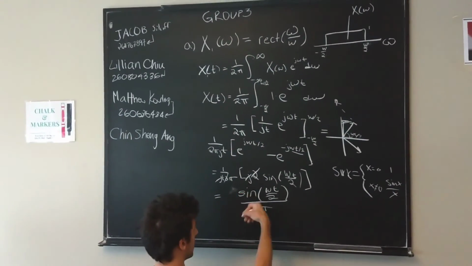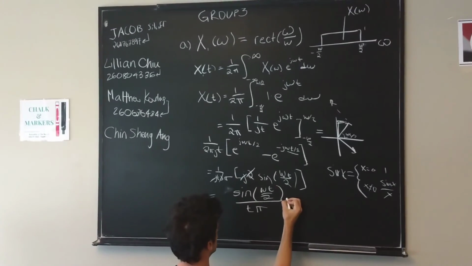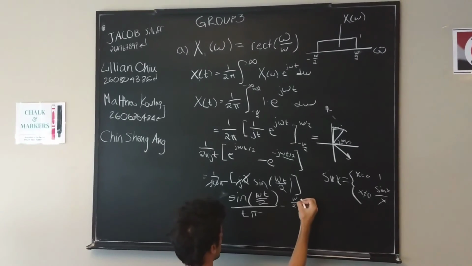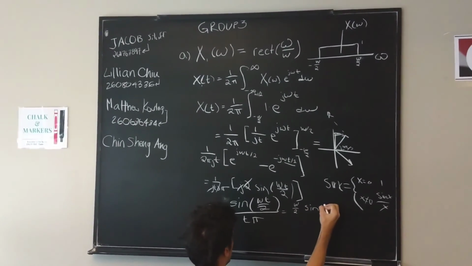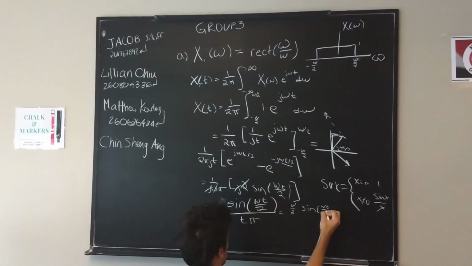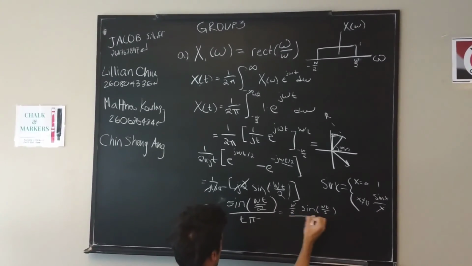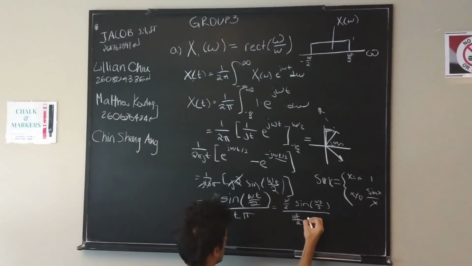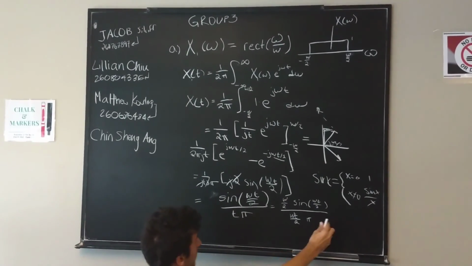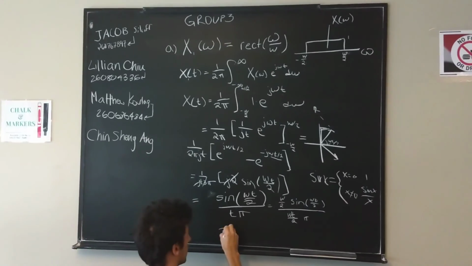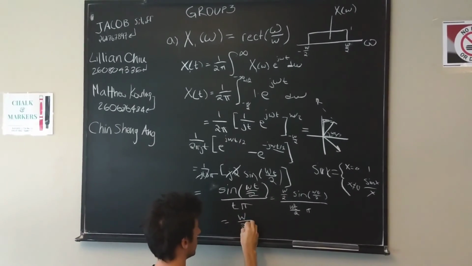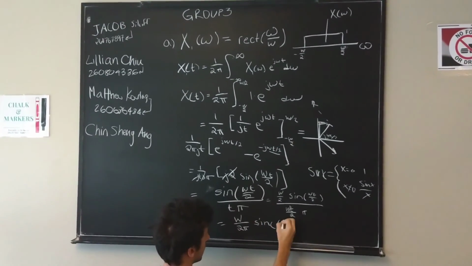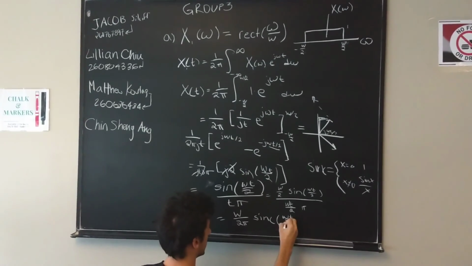We multiply both numerator and denominator by w over 2, so that we get w over 2 times sine of wt over 2 over wt over 2 times pi, which looks like w over 2 pi times sinc of wt divided by 2.